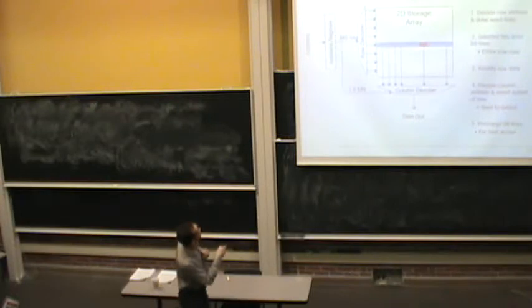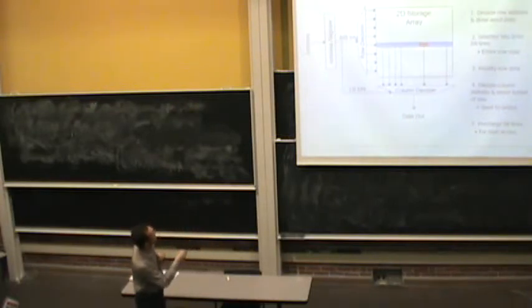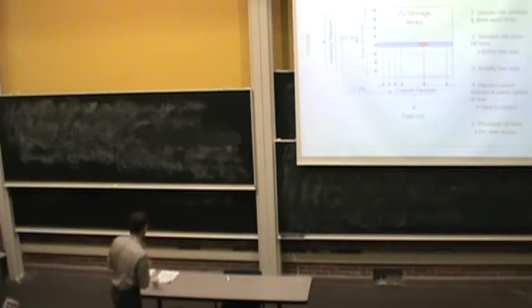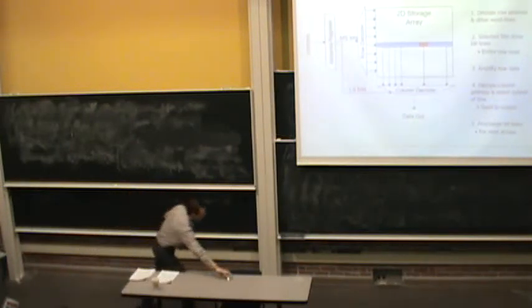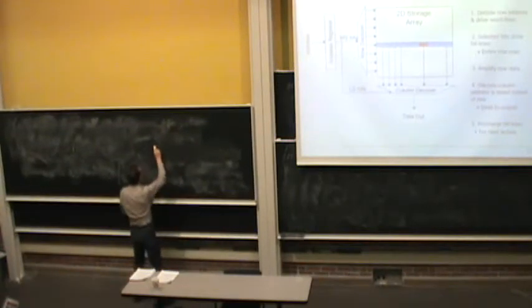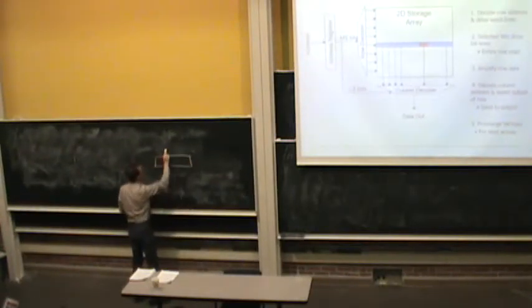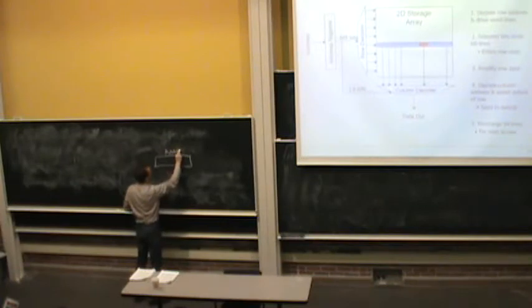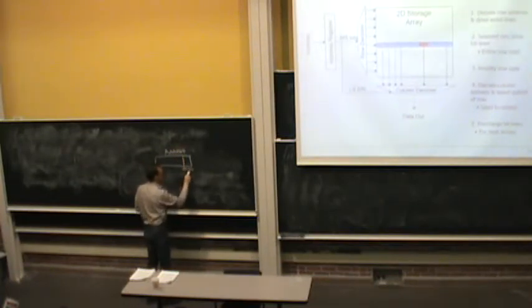So how do you access it? Basically, you can have an address register that stores the address. And with the most significant bits of the address, you figure out what the row is. So this is your address, if you will. And let's say these are bytes in your column.